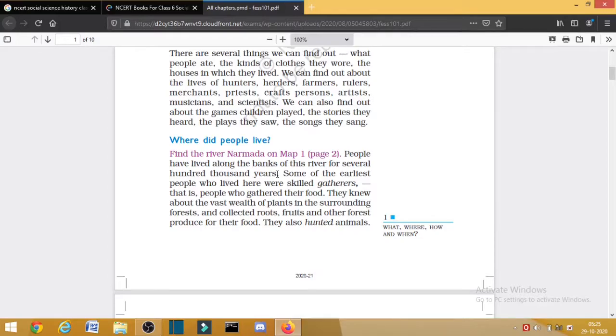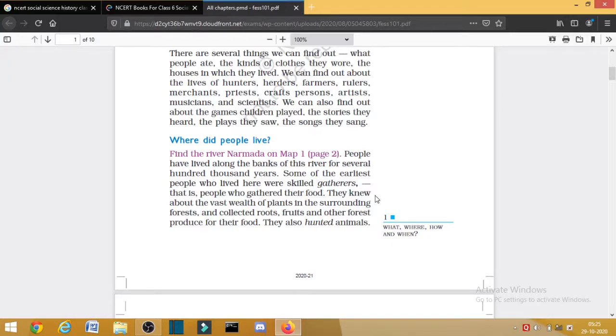Here we find people used to live on the side of the river for several 100,000 years. Some of the earliest people who lived here were skilled gatherers. Skill means they had the techniques to gather food, whatever they required, or other things. They are called gatherers. That is, people who gathered their food.